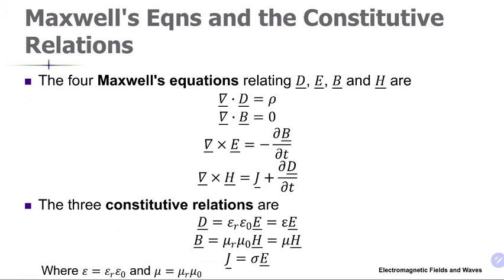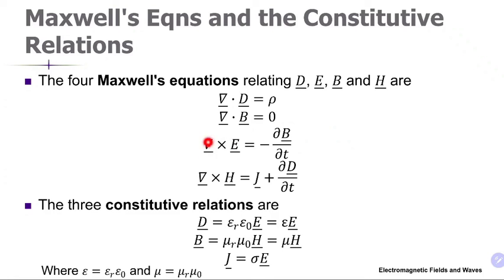That is basically the summary of all the Maxwell equations. The first one is the divergence of the electric flux density equals the charge density. The second one, the divergence of the magnetic flux density equals 0, which tells you that there is no monopole in a magnet.